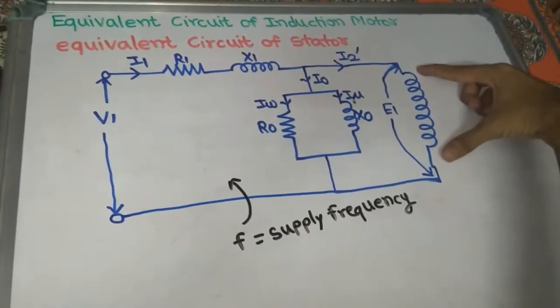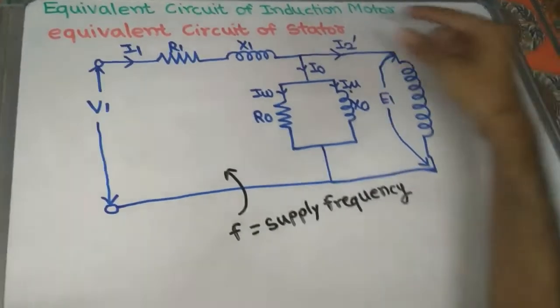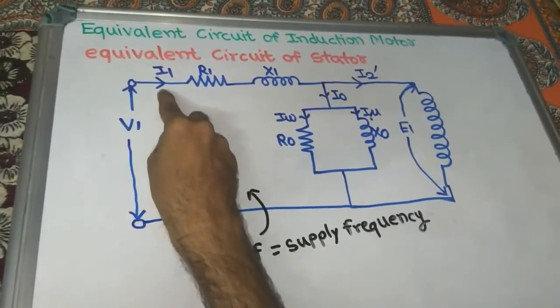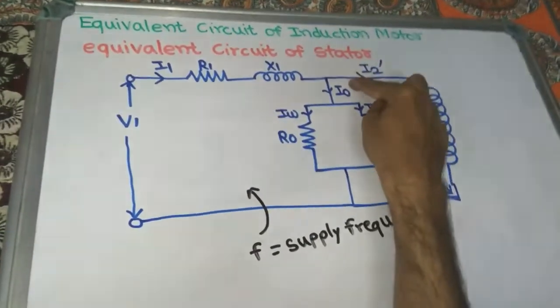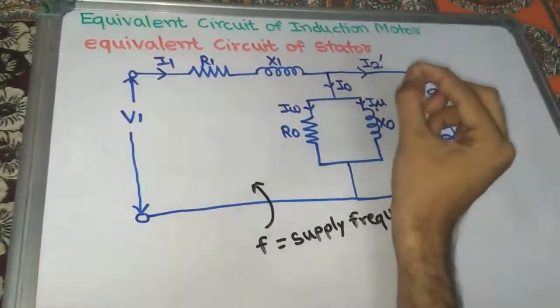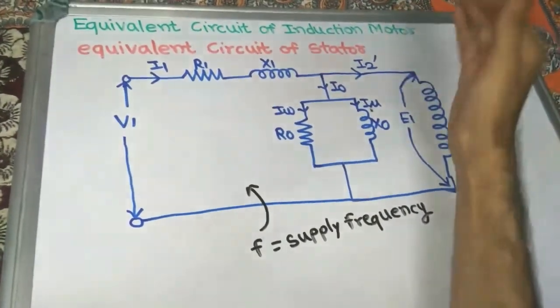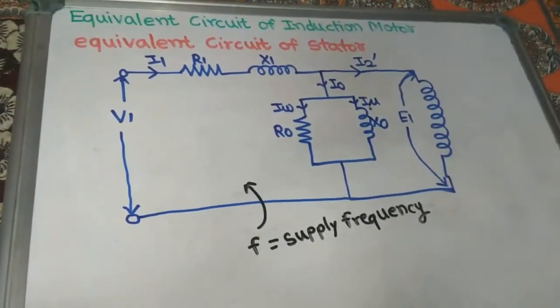This is the stator winding of the three-phase induction motor per phase. And what about these currents? I1 is the current flowing through the stator winding, in which the current is distributed into I0, the no load current, and I2 dash, the reflected current of the secondary or rotor winding of the three-phase induction motor.